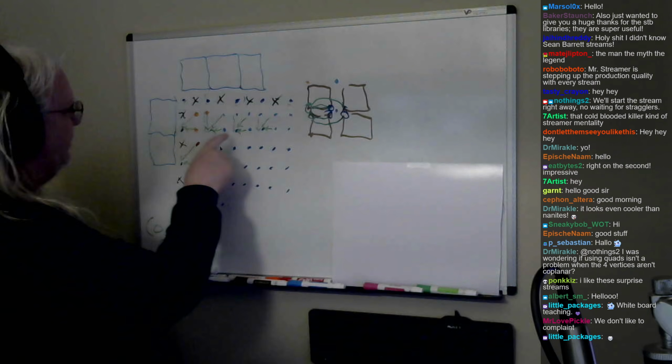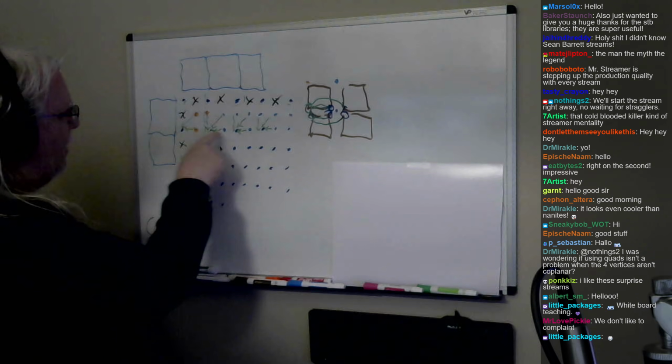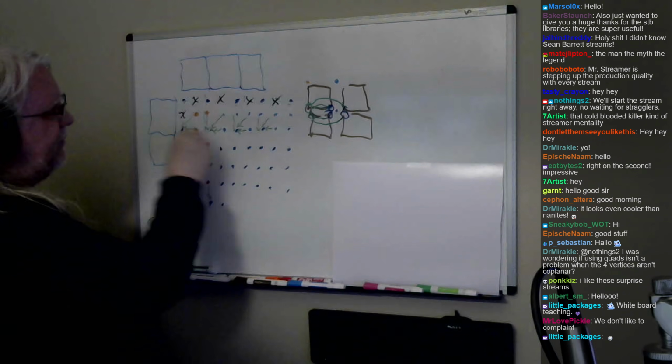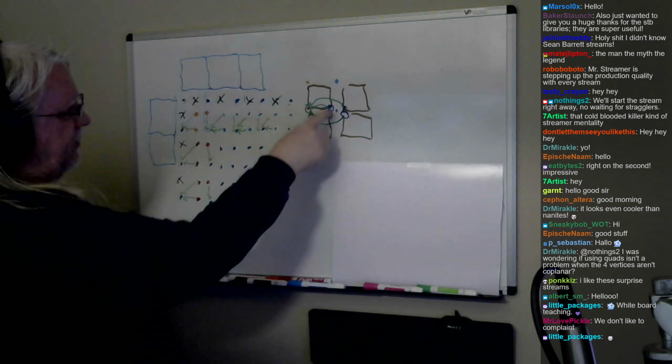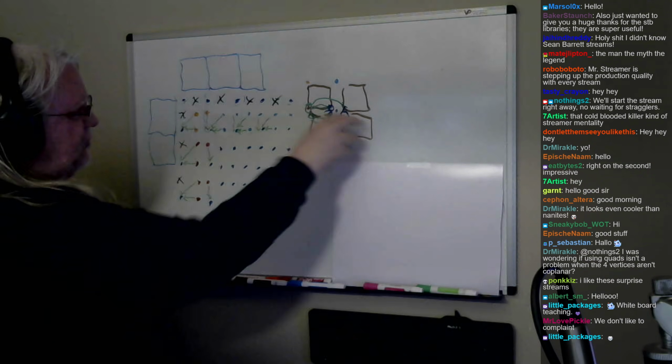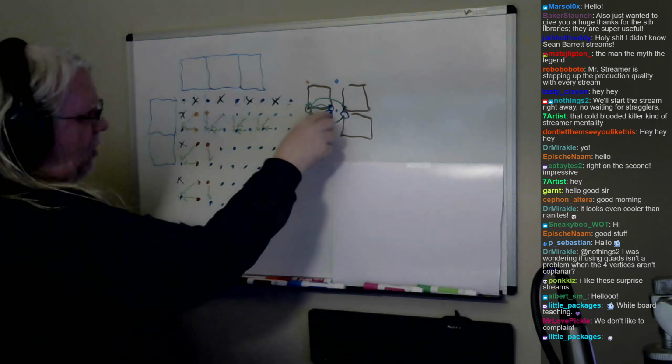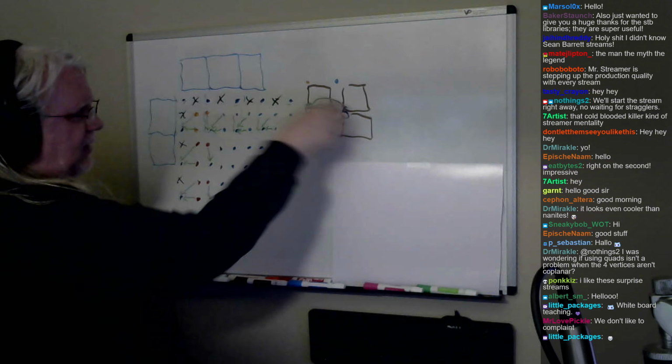So all I was saying is, this quad right here, all these vertices collapse. That's this quad here, so this vertex collapses. But the adjacent quads to this vertex all share that vertex, and they all need to collapse to the same point.